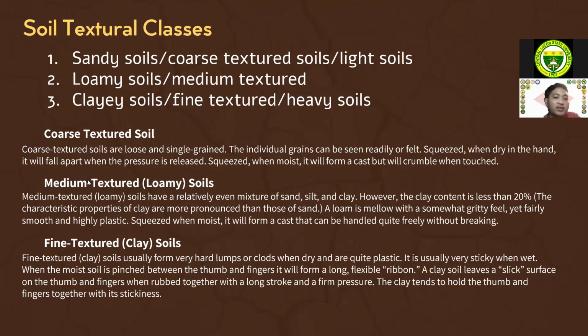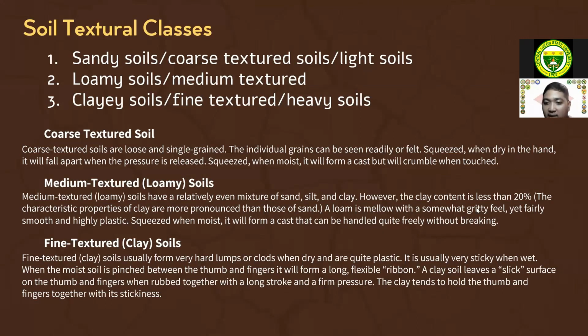Then the medium textured soils or yung loamy soils natin have relatively even mixture of sand, silt, and clay. However, the clay content is less than 20%. The characteristic properties of clay are more pronounced than those of sand. A loam is mellow with somewhat gritty feel, yet fairly smooth and highly plastic.